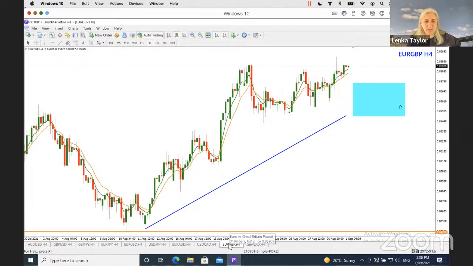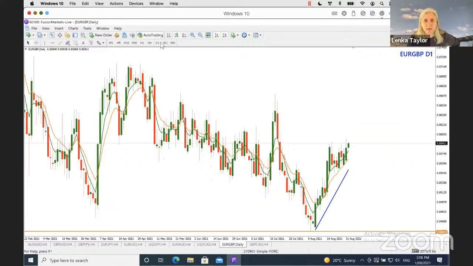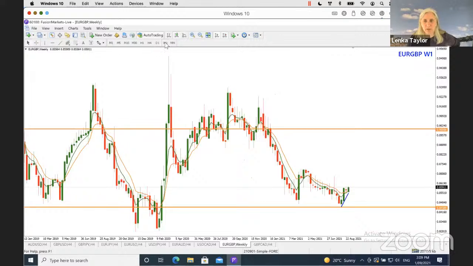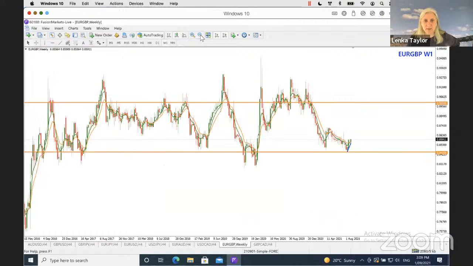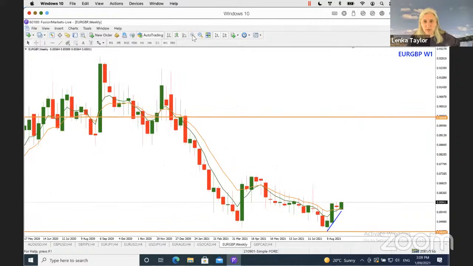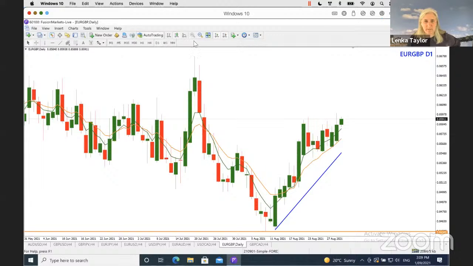Next currency pair I'm looking at is EURGBP, looking for a long. This one, I'm treating a little bit like a ranging market, so really just looking for a long off the bottom support level.